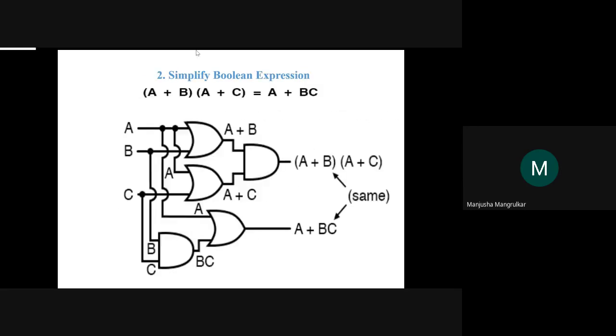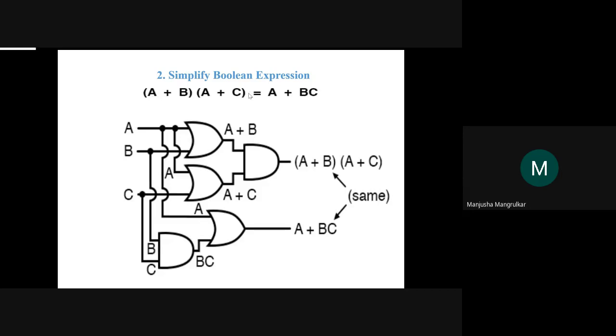Now the second example is to simplify the Boolean expression: A or B, ANDed with A or C, is equal to A or B and C, right? Drawing this circuit is very easy. A, B, C. How many inputs are there?